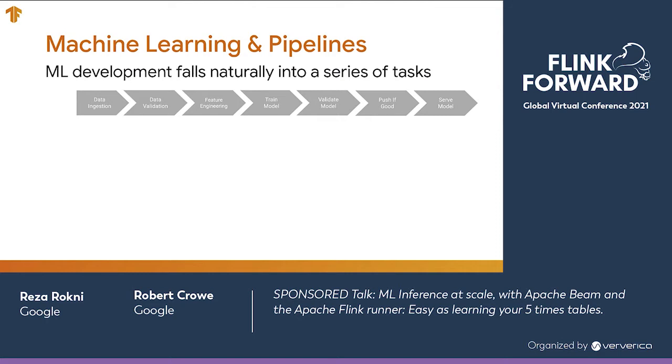Then you'll do some feature engineering to transform it in ways that make it train better, including things like doing embeddings for vocabularies to establish semantic spaces of text data. Then you're going to train your model, which is, of course, sort of the heart of the whole thing. And after you're training it, you need to validate it, make sure that the results are good. And if they're good, then you might push it to a production infrastructure if you're using your model for production. And then you're going to serve it.